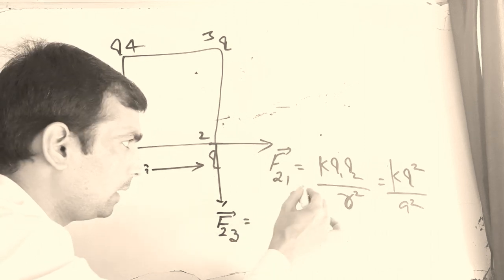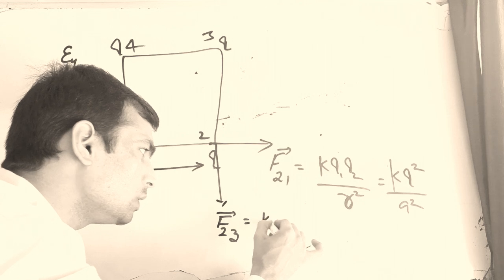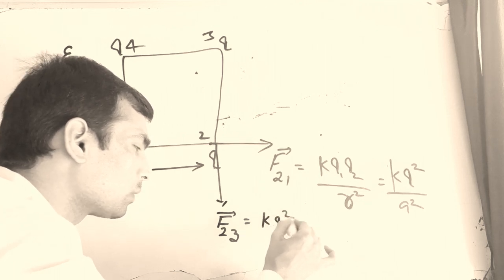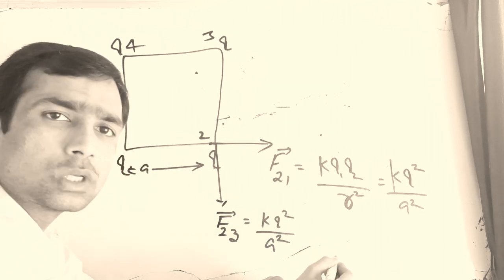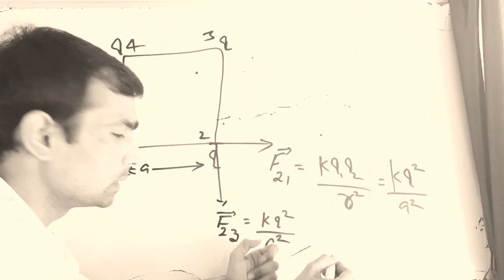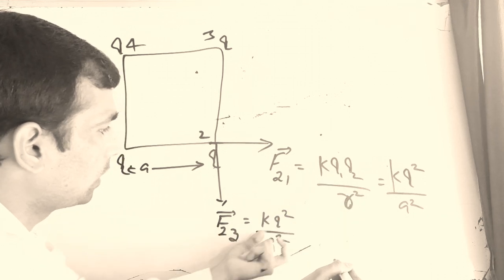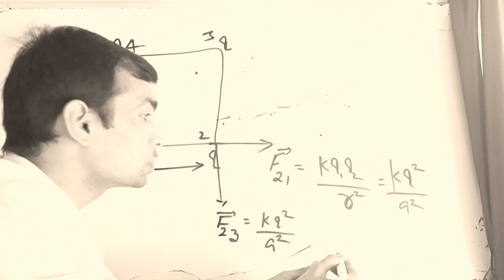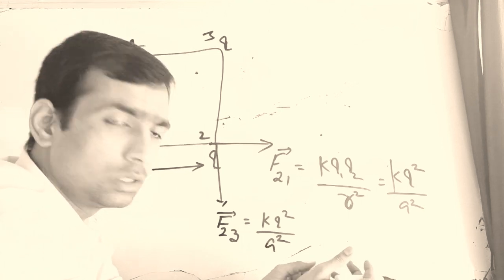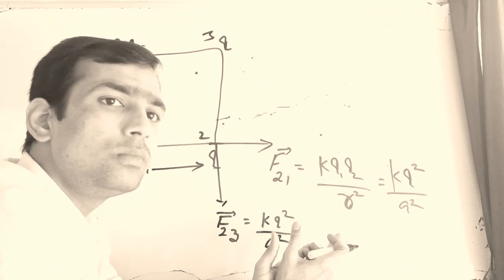This remains K Q1 Q2 by R square, so I am directly writing KQ square upon A square. This is basically the magnitude of the force: KQ square upon A square, KQ square upon A square.